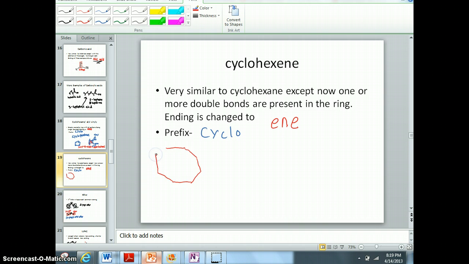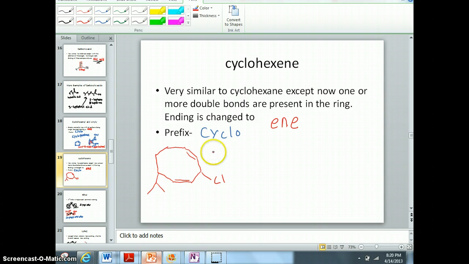This is not symmetrical. Looks like a stop sign, it's in red. We want to put a couple double bonds in here. I'll put one here, and I'll put one here. And then we can put chlorine coming off here, and we can have this, and we'll just make this right here.